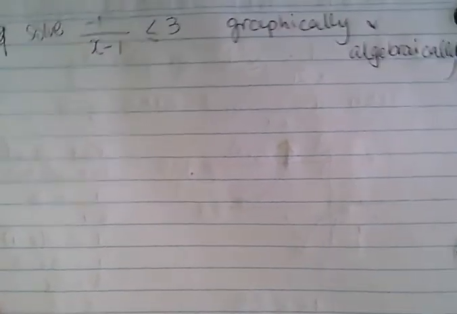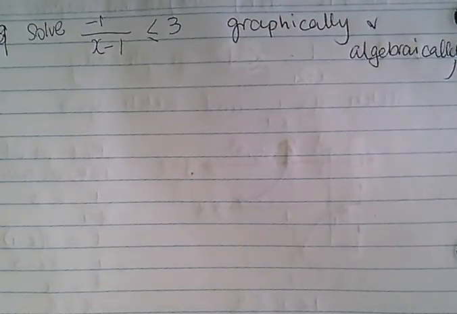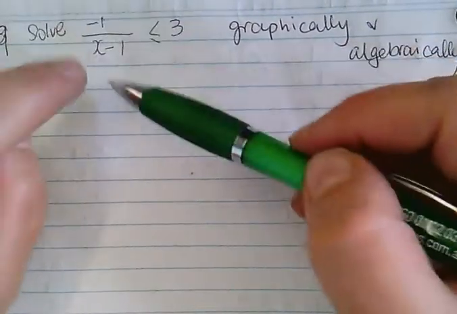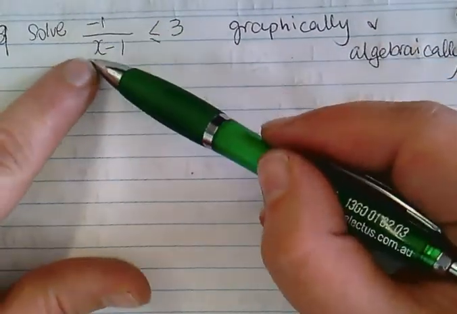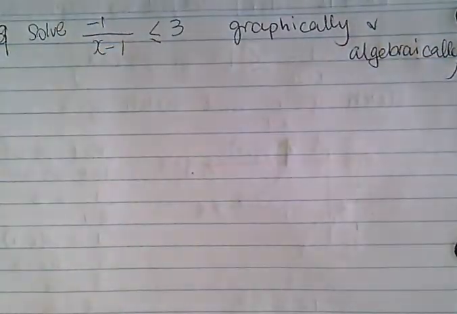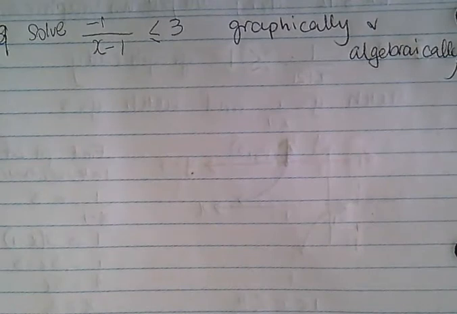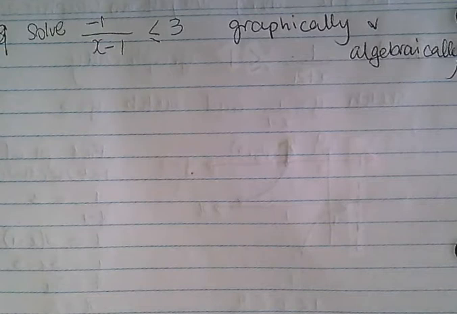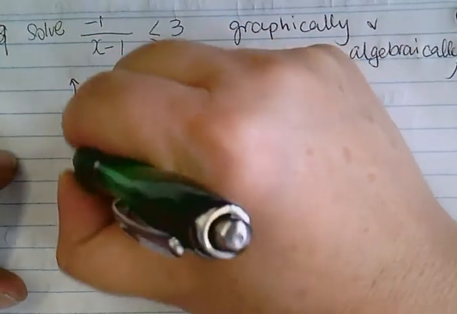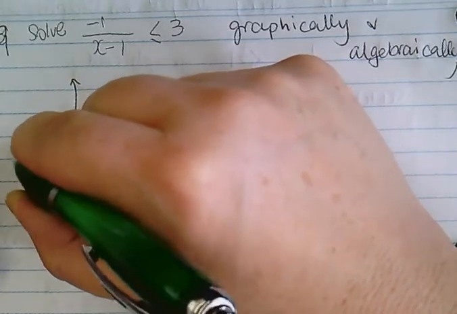See, this one's easy to draw because it doesn't have an x on the numerator. It's just a negative hyperbola. Negative 1 on x is the negative hyperbola, quadrants 2 and 4, and the minus 1 means it's been shifted sideways. Where? To the right again.